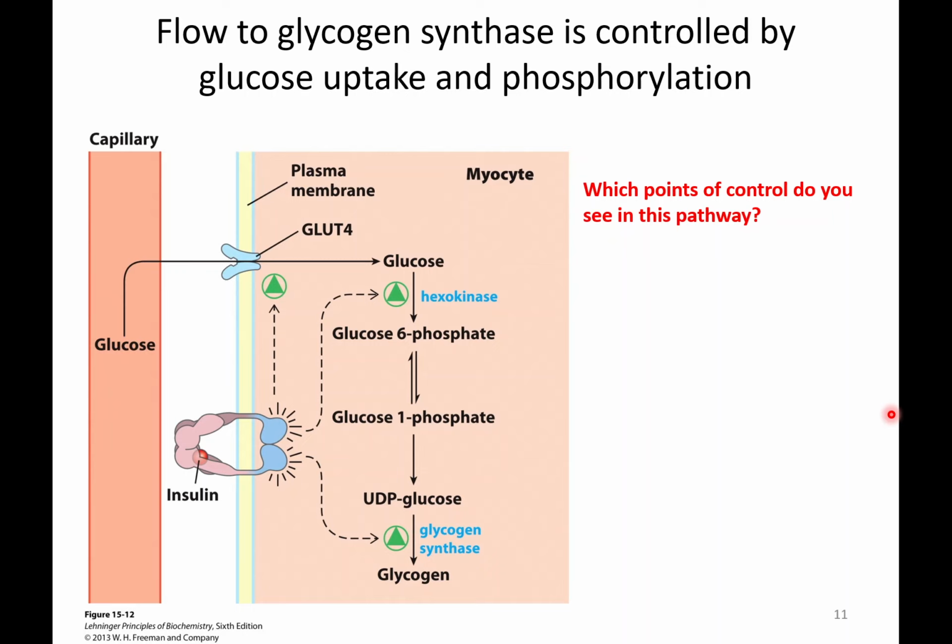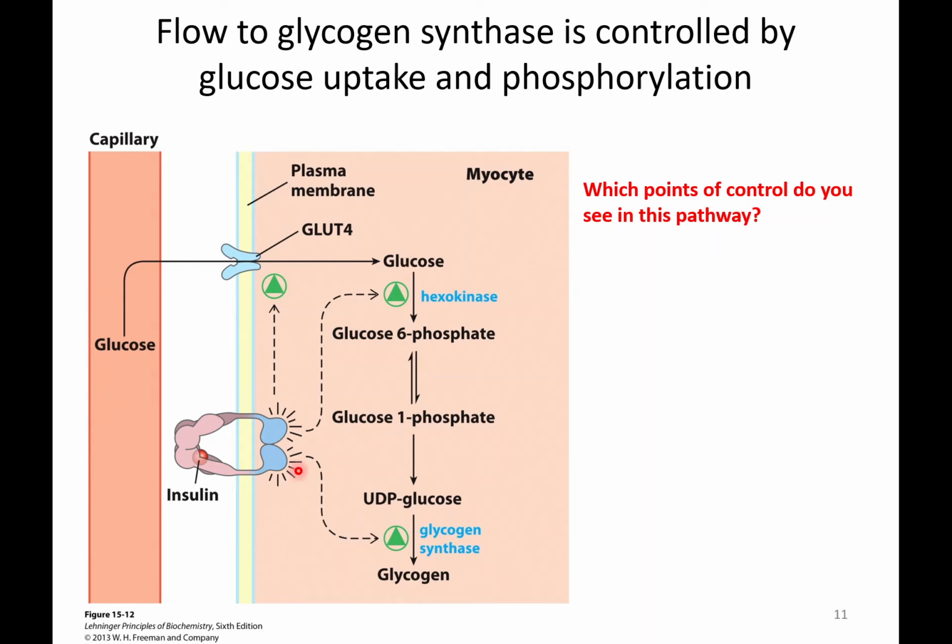So here we have a figure from an insulin pathway. Insulin binding will turn on a number of different steps, but one is to make a glucose transporter active in the membrane to get more glucose into the cell.